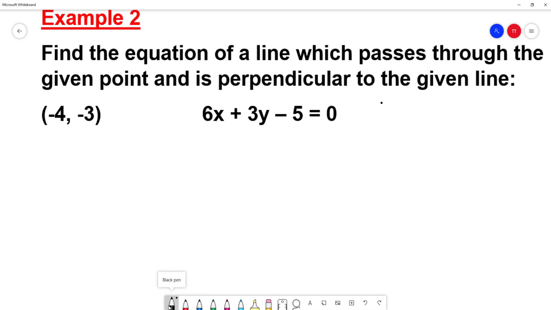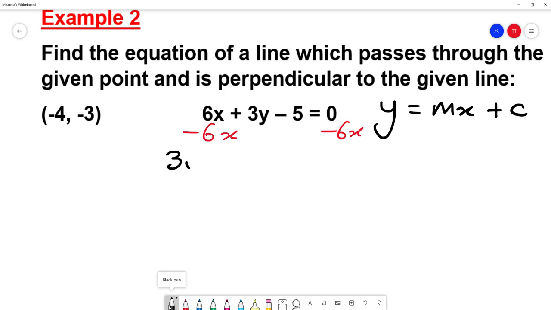This is not in the format of y equals mx plus c. Now I'm going to make this in that format by first of all minusing 6x on both sides of the equation. So I end up with 3y minus 5 equals minus 6x. Then I'm going to plus 5 on both sides of the equation.